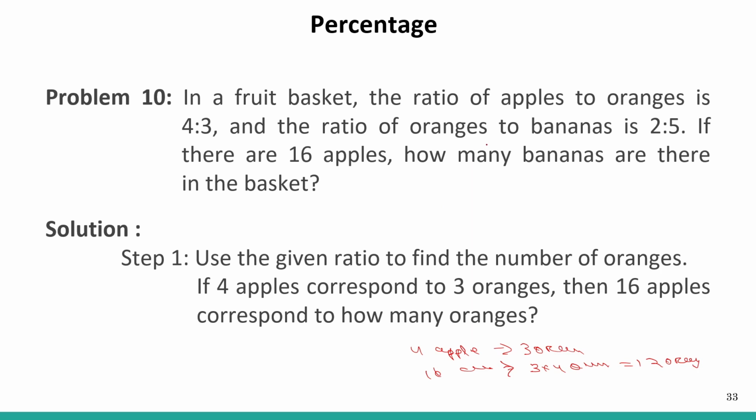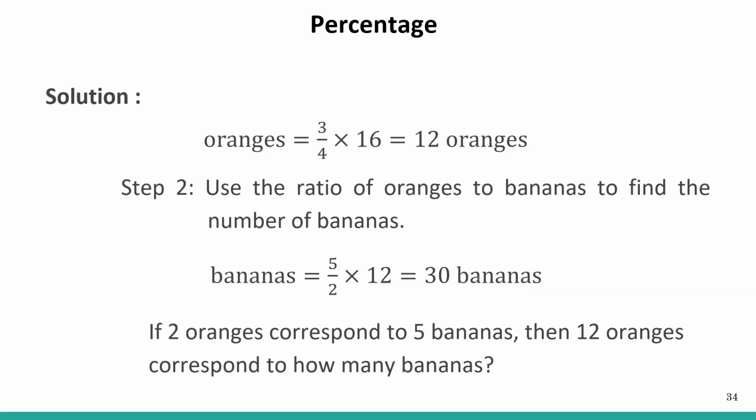If 2 oranges imply 5 bananas, then 12 oranges imply 5 into 6, that is equal to 30 bananas. So 30 will be the answer. So 30 bananas are there in the basket.